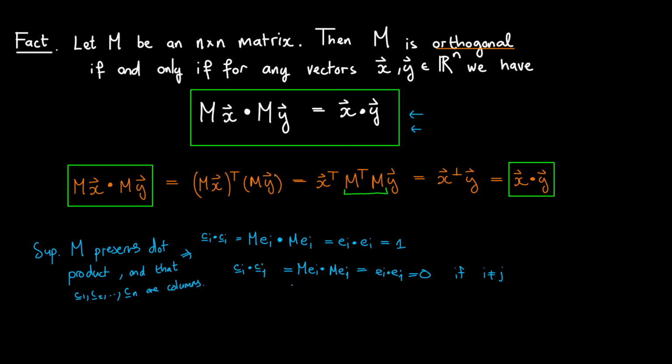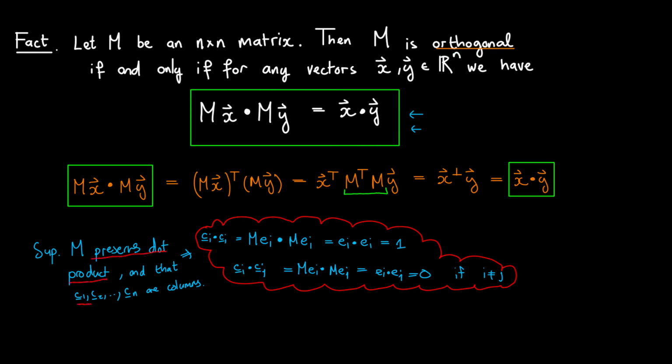So what we've just discovered is that these two conditions are forced to be true as soon as we have a matrix which preserves the dot product, where C1, C2, up to Cn are all of its column vectors. Okay, great.